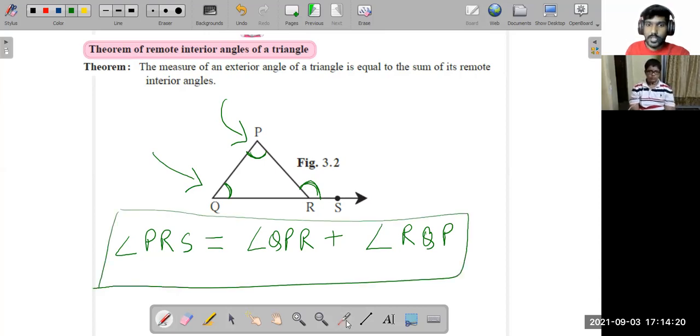Yes, sir. So the remote interior angle theorem says that the exterior angle is equal to the sum of the two remote interior angles. Why remote? Because it is far away from it.